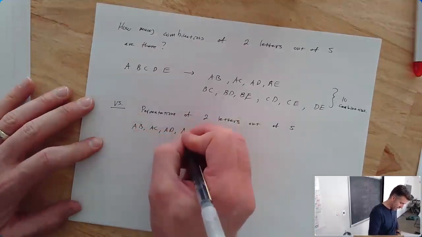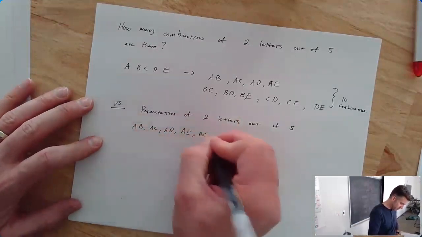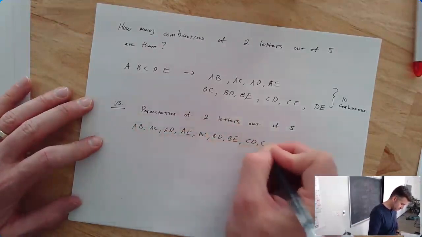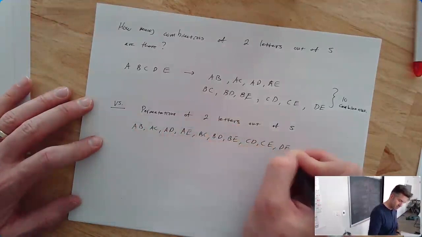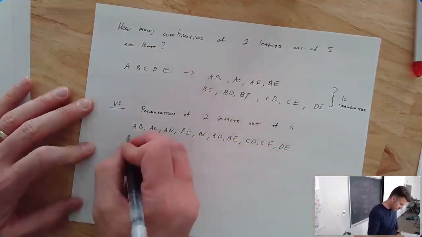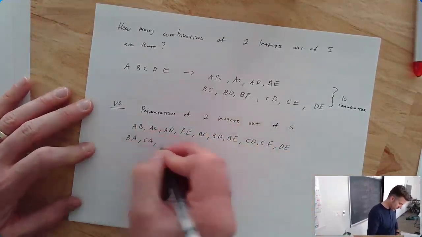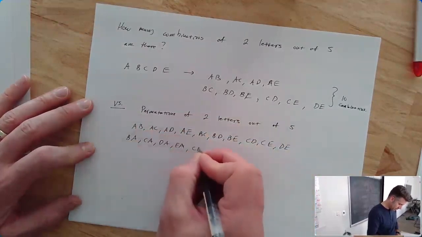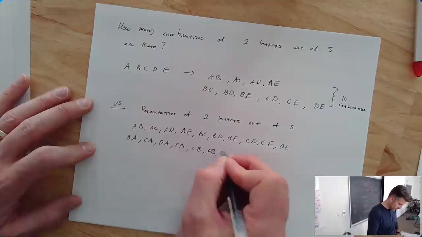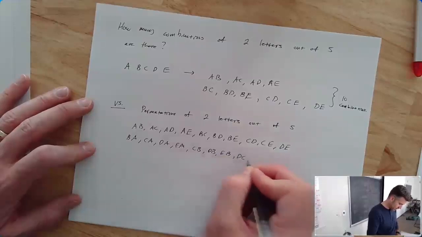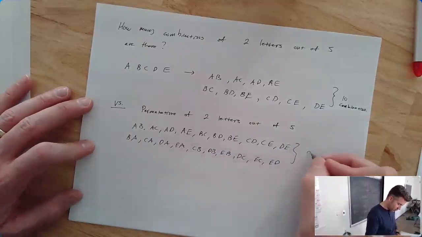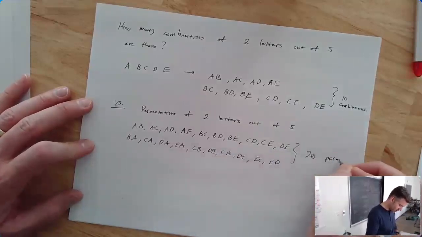But you could have these 10. Or these other 10. BA, CA, DA, EA, CB, DB, EB, DC, EC, ED. So there are 20 permutations.